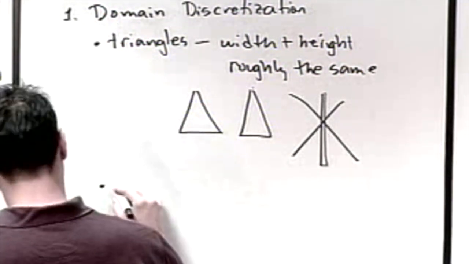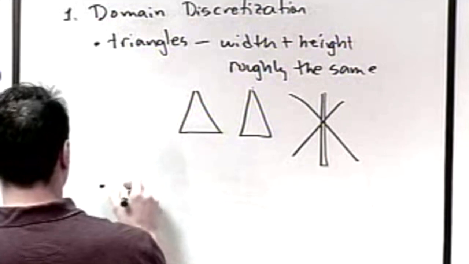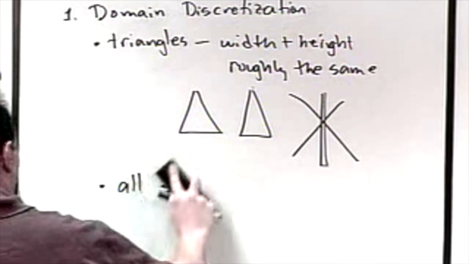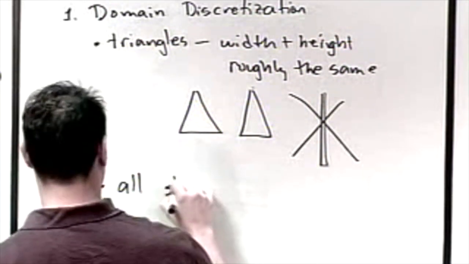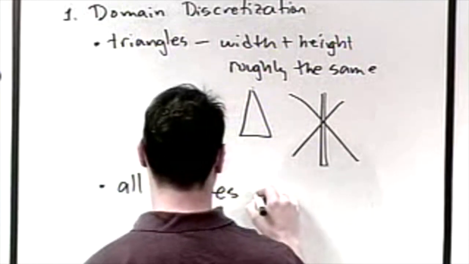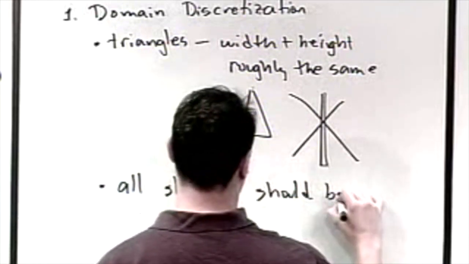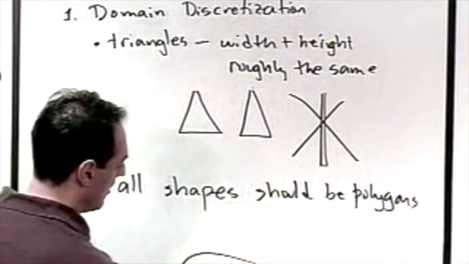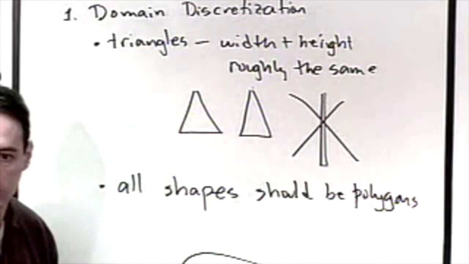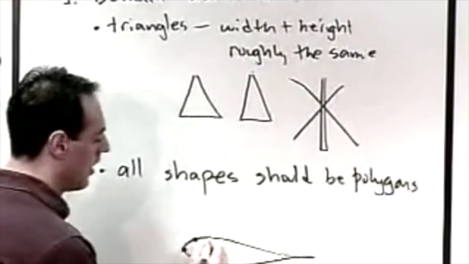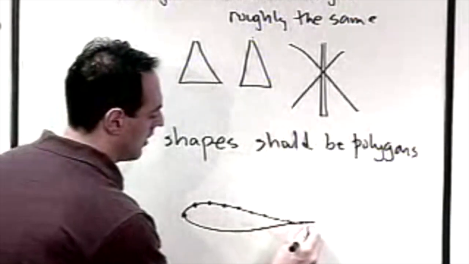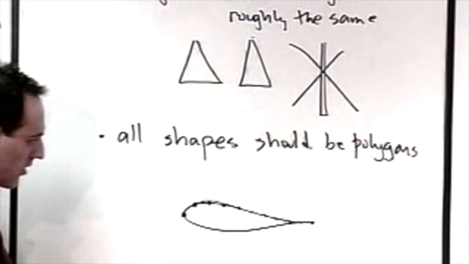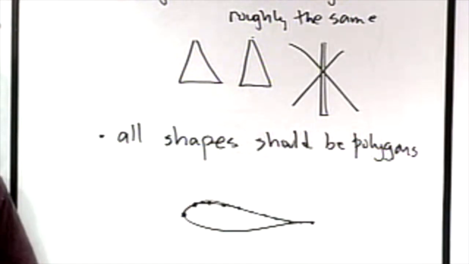The shapes. Shapes is not spelled S with a P. It's actually spelled S-H-A. All shapes should be polygons. In other words, when we take a wing like this and we discretize it, we take this wing and we fit some polygon through it so that it describes the nice shape of whatever structure's in there.